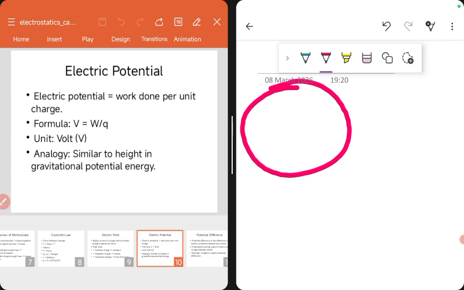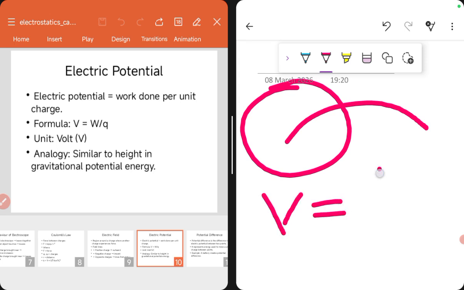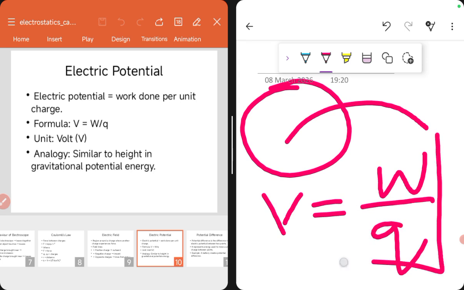So the work done in bringing it from infinity towards a point in your electric field is called the electric potential. So the formula for electric potential V is equal to work done over unit positive charge. So V is work done over charge.